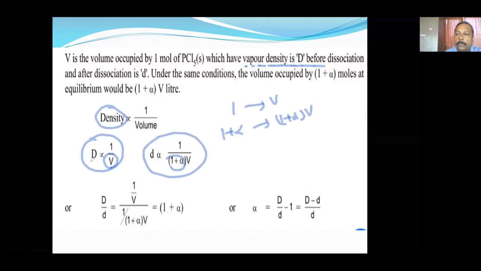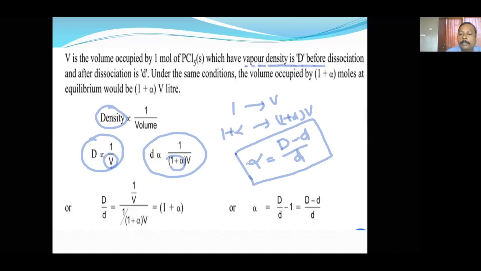Okay. So this is how small d is at equilibrium or after dissociation. Capital D is before dissociation, or pure PCl5. Okay. So after substituting and simplifying, we get alpha is equal to capital D minus small d divided by small d. So don't forget: capital D is the density initially, small d is the density of the equilibrium mixture.